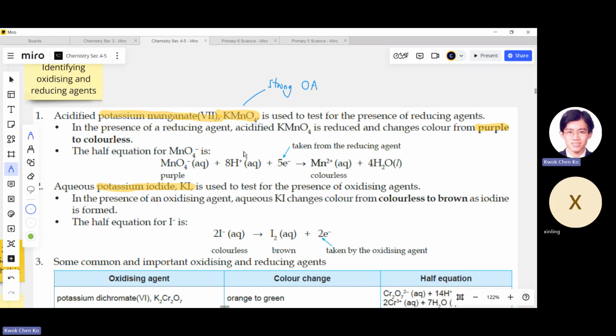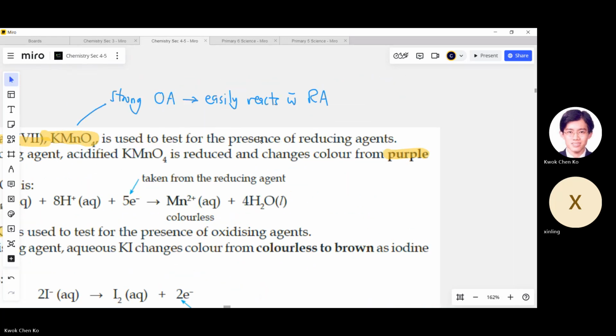It can oxidize a lot of things, which also means it can easily react with reducing agents. So guess what? That implies it can test for reducing agent, because it reacts with reducing agent.